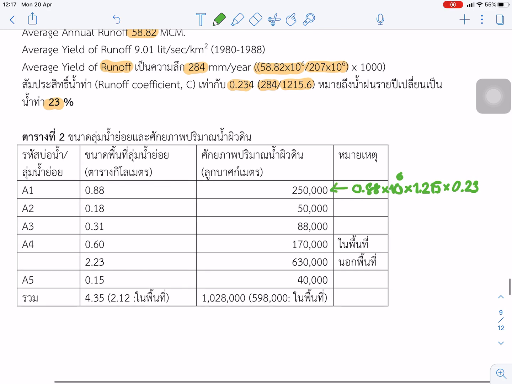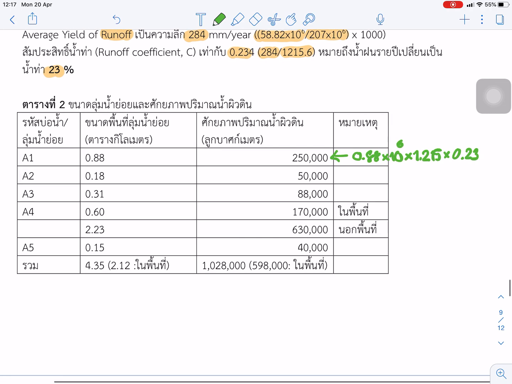So we get this number. So we can estimate the potential surface runoff in our area. Totally in this area it is about 0.6 million cubic meter from the target area, but including the outside it is about 1 million cubic meter of surface water.